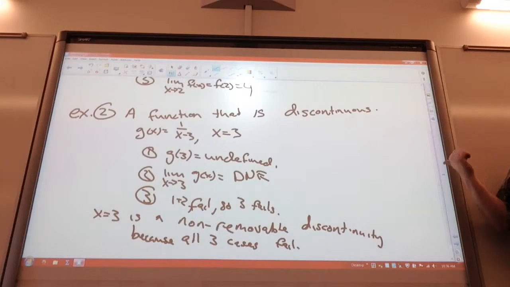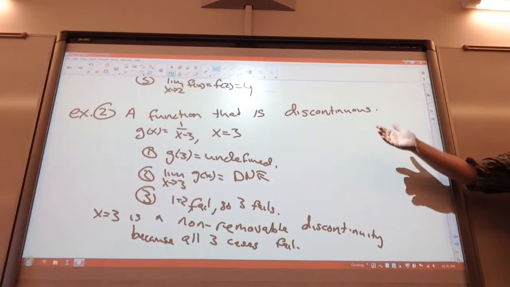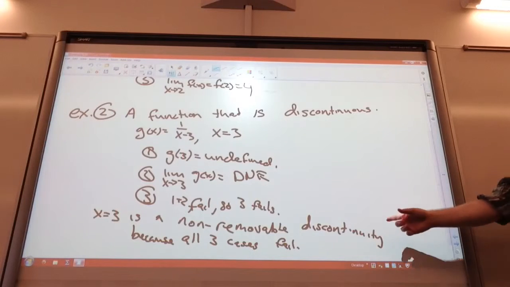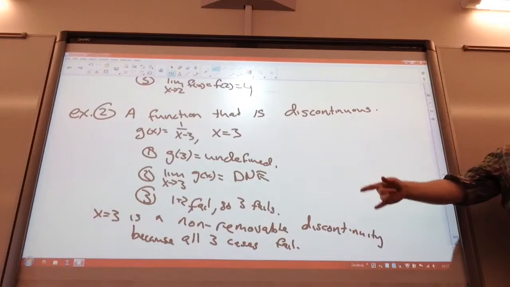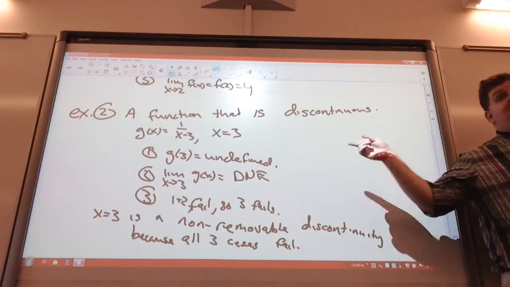In this case here, if all 3 cases fail, we call such a discontinuity a non-removable discontinuity. That means the function literally is just broken at that location. It just doesn't work anymore. So x equals 3 is a non-removable discontinuity for this function, and it's because all 3 cases fail.